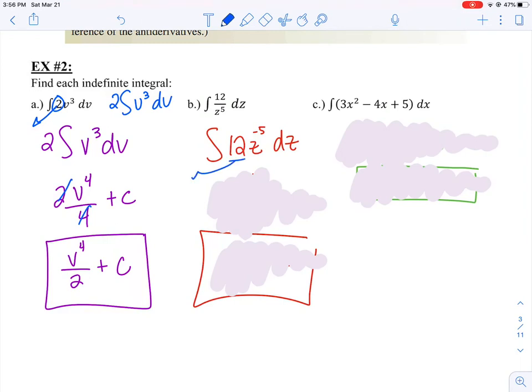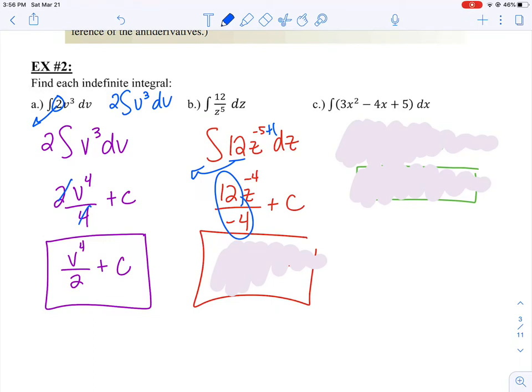I also noticed that the 12 was just a number in front, so I can bring that out in front. I can use my power rule to add 1 to the exponent and divide by that new exponent, and then bring that 12 back. So I have z to the negative 4 divided by negative 4, that's my new exponent. I brought my 12 back, and I added my constant of integration.